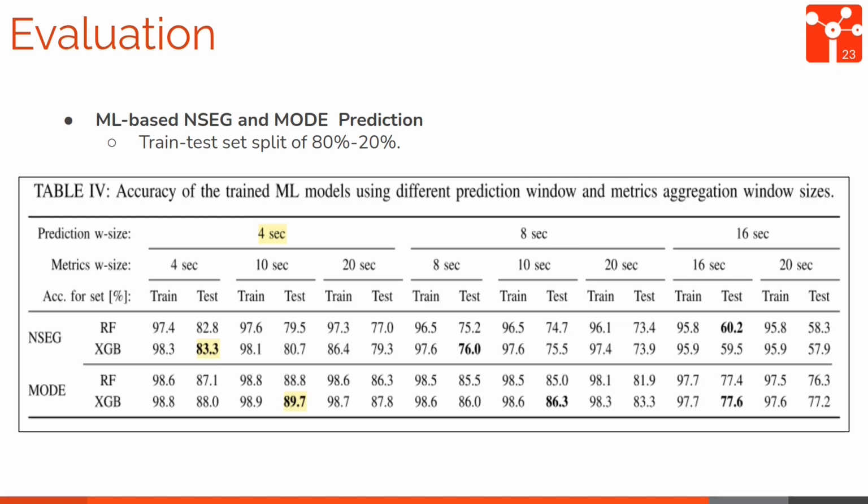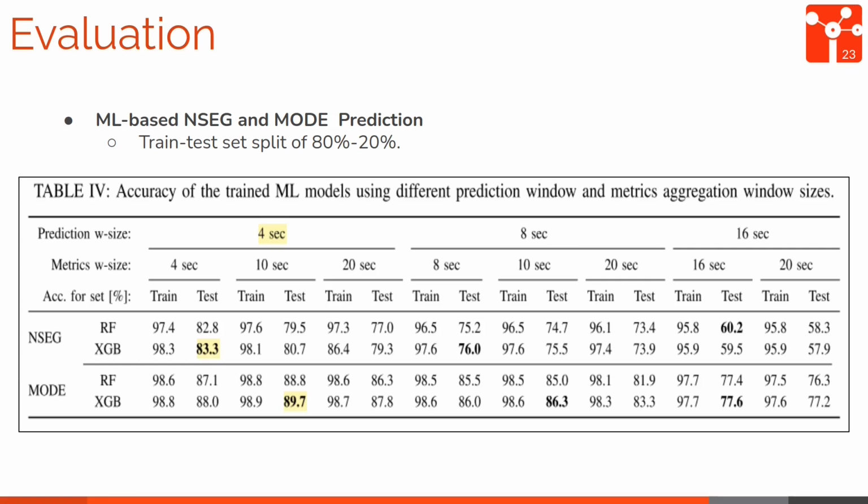From here we see that for the number of segments predictor, extreme gradient boosting got the highest test accuracy, which is 83.3%, using a 4-second prediction window size and a 4-second metric aggregation window size. And for the mode predictor, extreme gradient boosting also got the highest test accuracy, which is 89.7%, using a 4-second prediction window size and a 10-second metric aggregation window size.